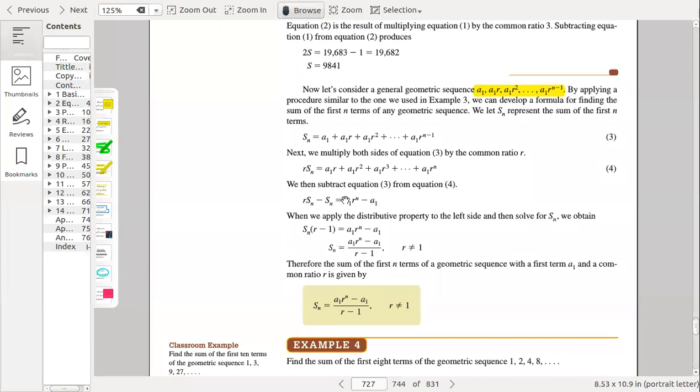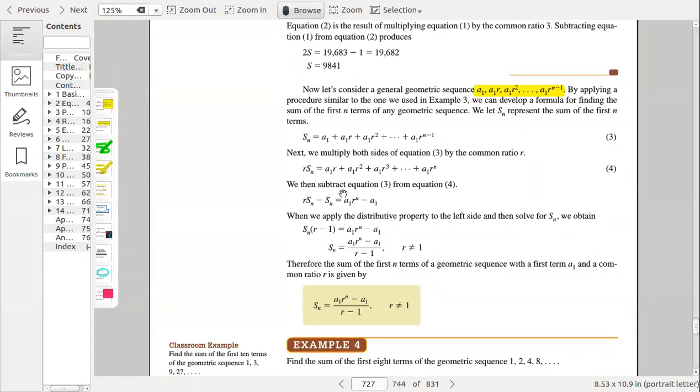We then subtract equation 3 from equation 4. So we will get r Sn minus Sn is equal to a1r minus a1r, 0, a1r square minus a1r square, 0. So you will be left with only two terms, the last of this one and the first of this one. So it will be a1r n minus a1.